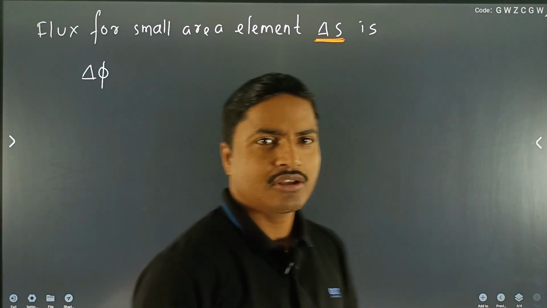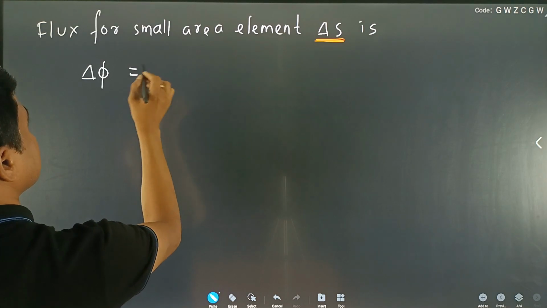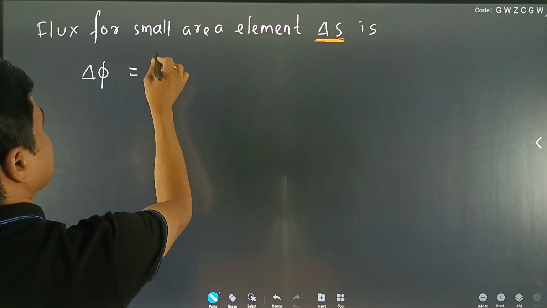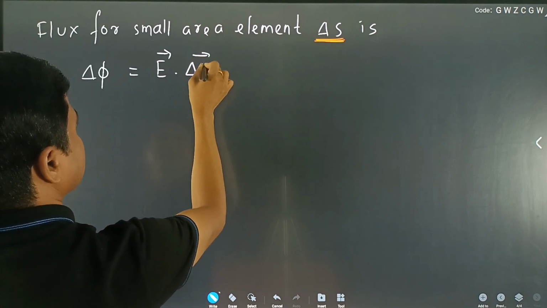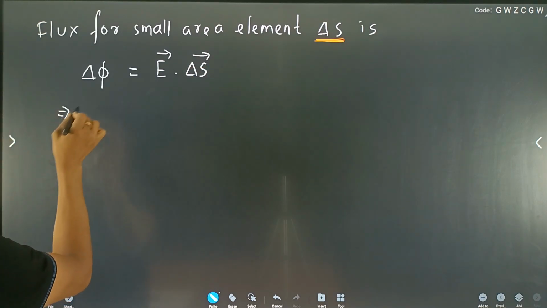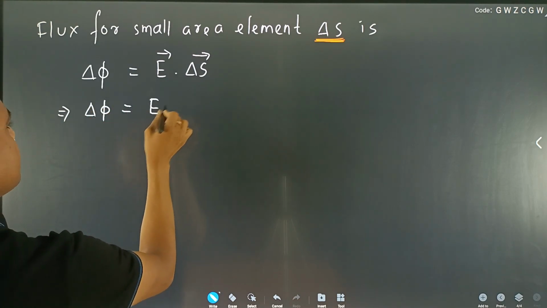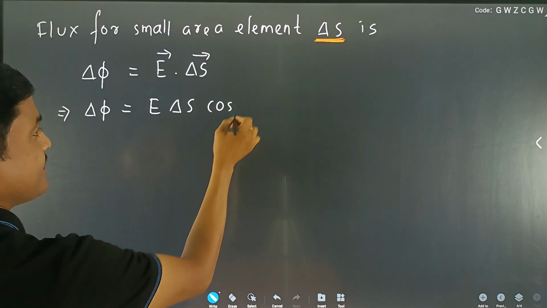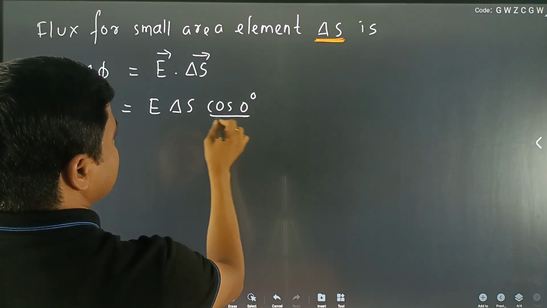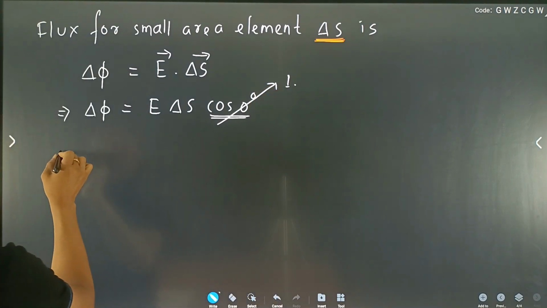For a small flux we write del phi, and you know the formula, del phi is equal to E vector dot del S vector. That implies del phi is equal to E del S cos theta, and here theta is equal to 0 degree, and cos 0, you know, is equal to 1.